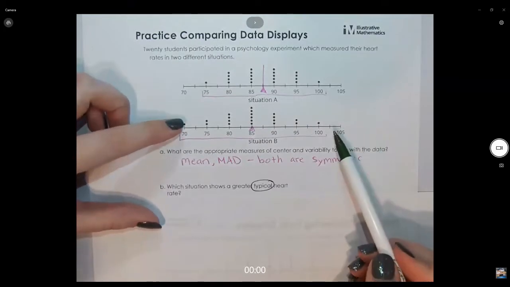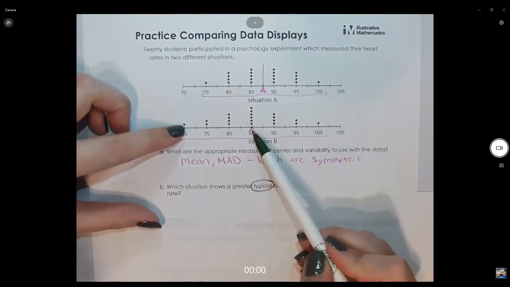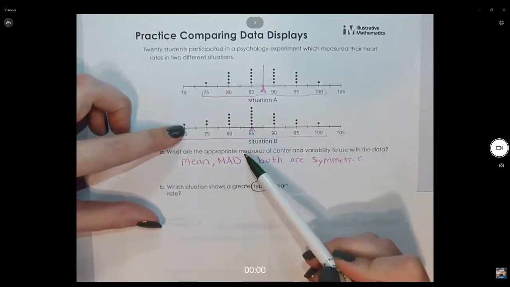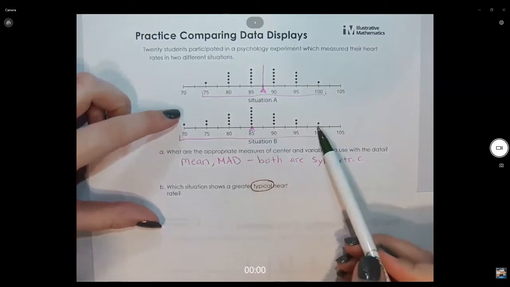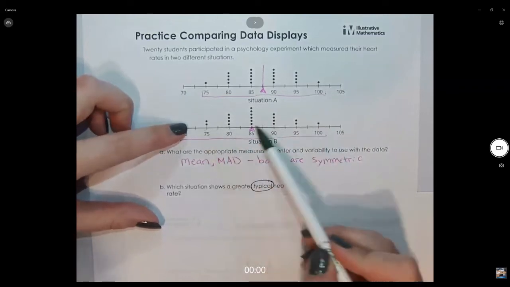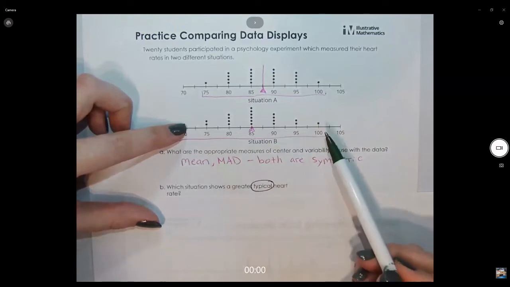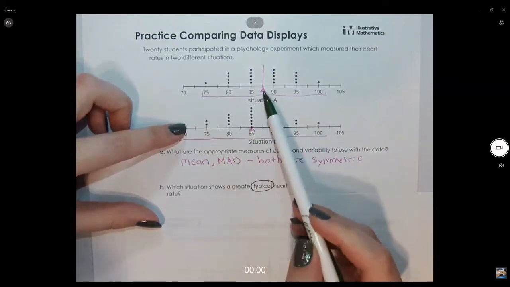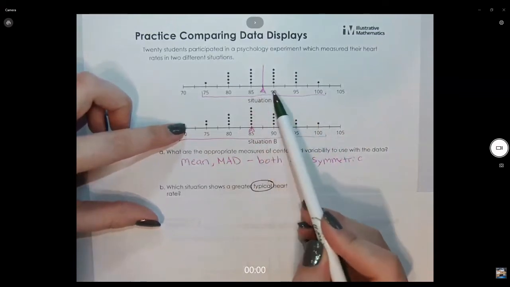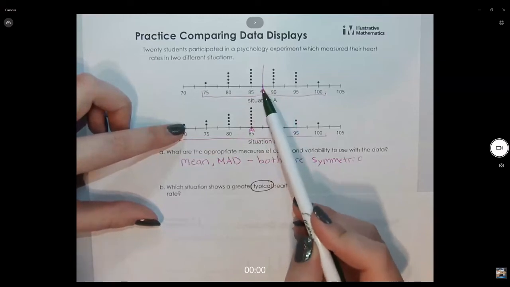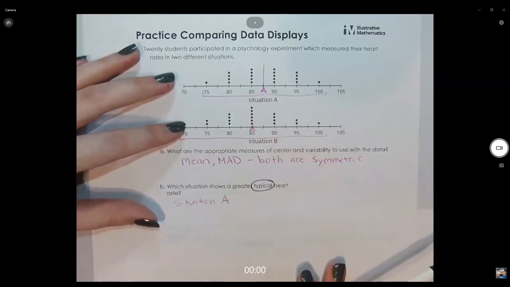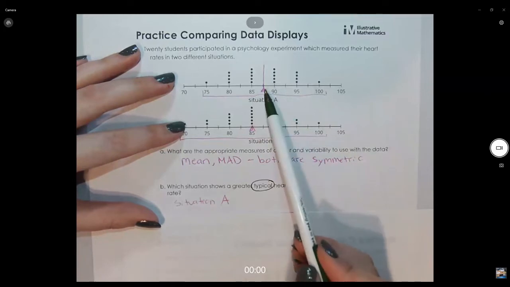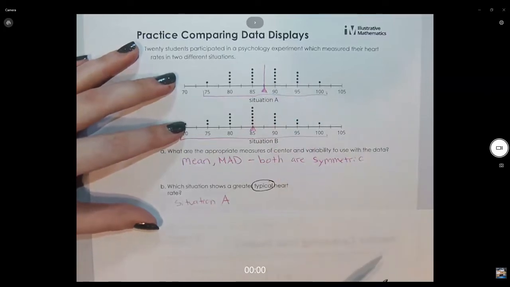Otherwise, you would need to calculate the mean by adding up all the values and dividing by the number of them. So the mean for this one is 85, and for this one, it's between 85 and 90. So we can see that this situation is higher. So situation A would be a greater typical heart rate.